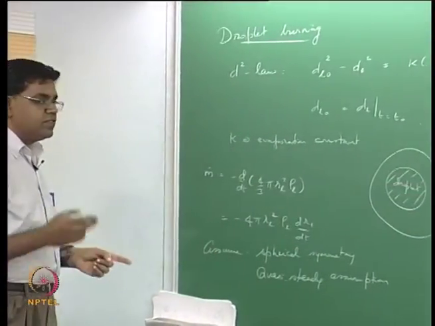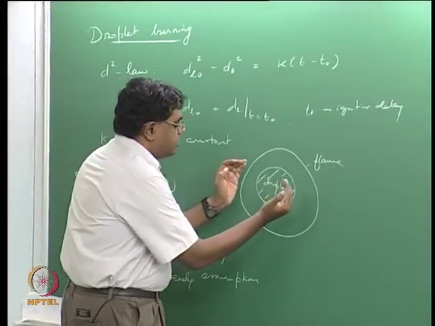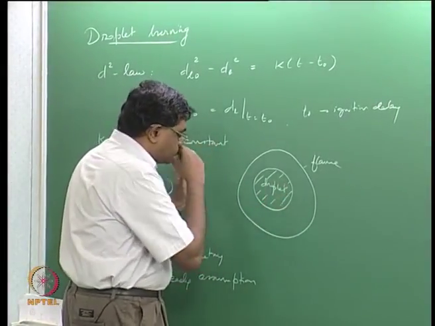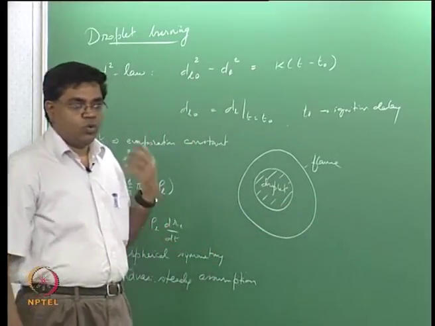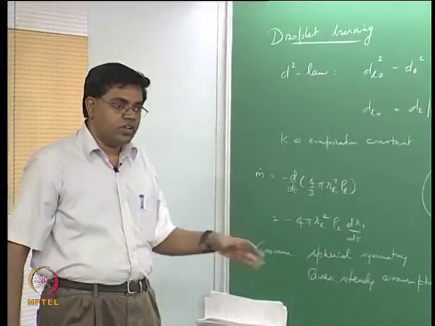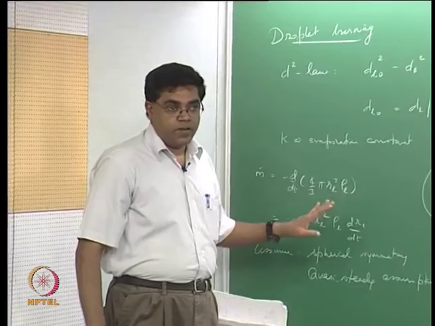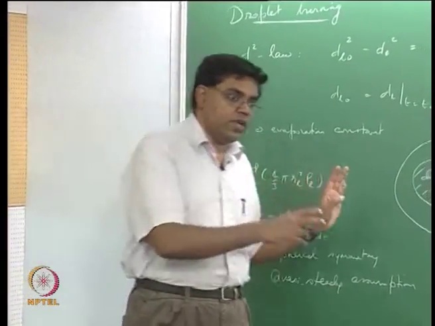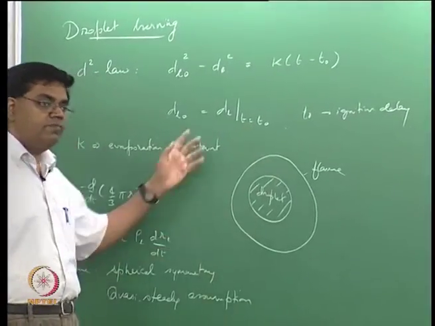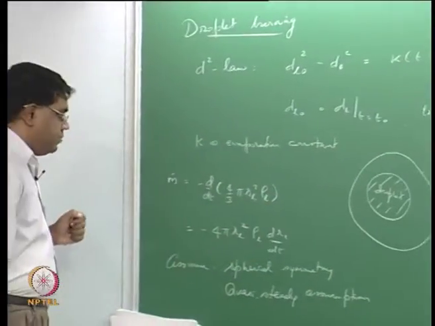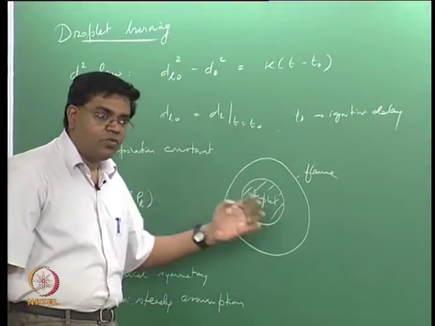What this really means is a couple of things. One, first of all, the droplet regression sets up a convection. While we would like to think that it is purely a diffusion problem, in fact when you think about it as a diffusion flame in the Burke-Schumann limit, where we adopt an infinite chemistry, mixed-is-burnt approach, flame sheet assumption and so on, we don't have to worry about the chemistry and we only have to worry about the mixing.